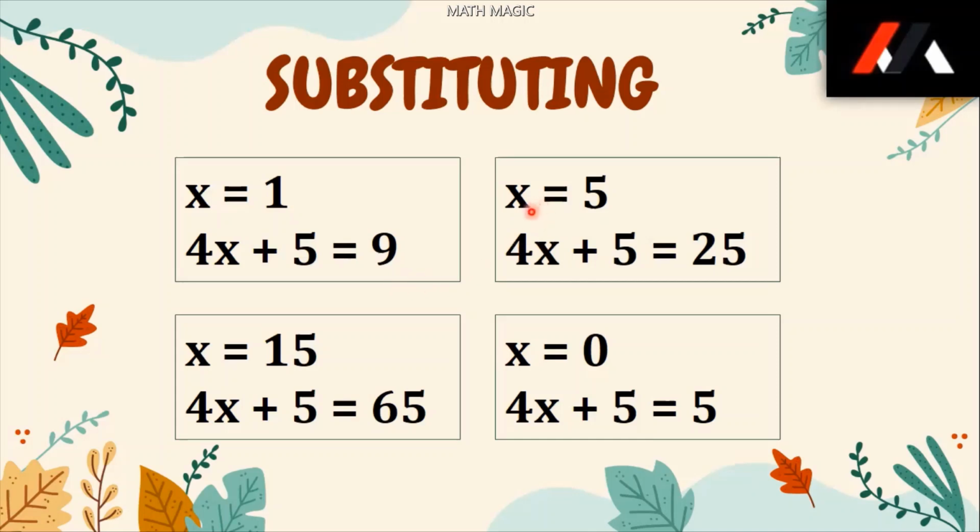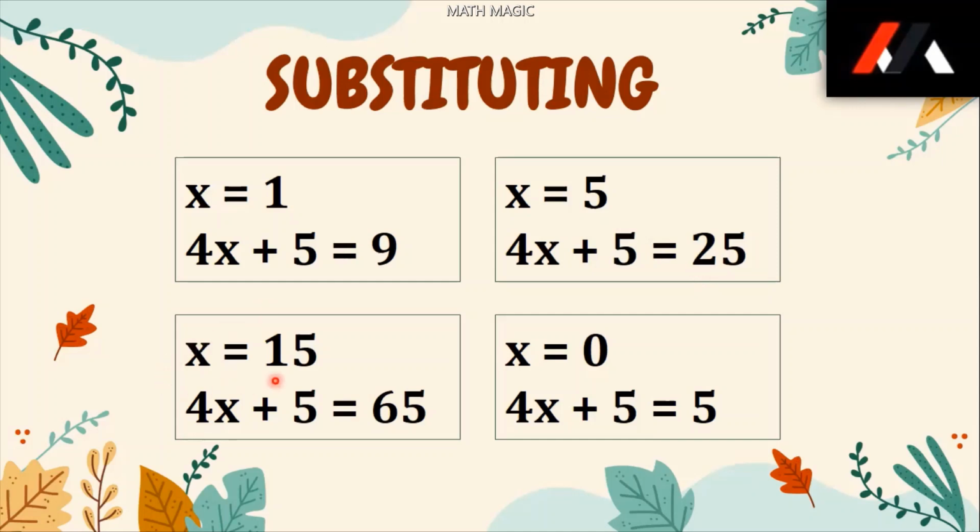Now here I'm substituting the value of x to be 5. 4 times x plus 5 is equal to 25. So 4 times 5 plus 5 is equal to 25. 4 into 5 is 20, and 20 plus 5 is equal to 25.